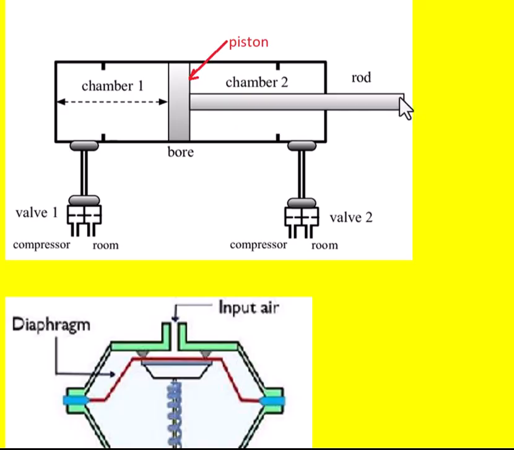Next, to bring it back to the original position, valve 2 is opened and passes high pressure air into the chamber 2, so that air will move the piston back to the original position. The spring attached to the piston rod will also help to bring this piston back to its original position.